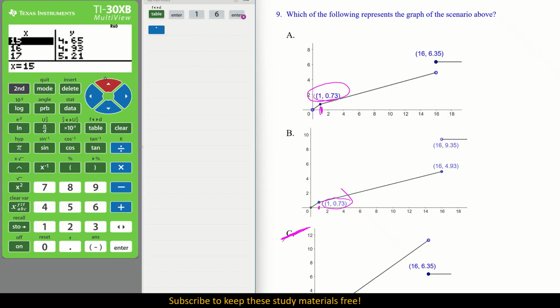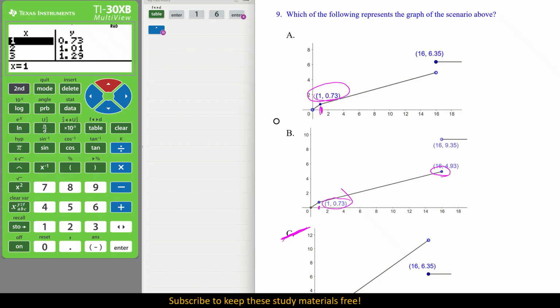They're not going to be in our piecewise. But all these others are. And then look what happens when we go to 1. See where it's still at 73 cents? Well, that's because that's how we wrote our equation. So that looks very nice, which would be B.